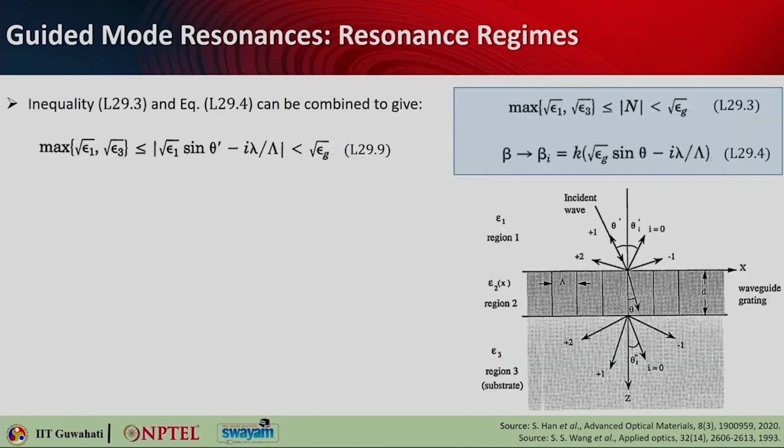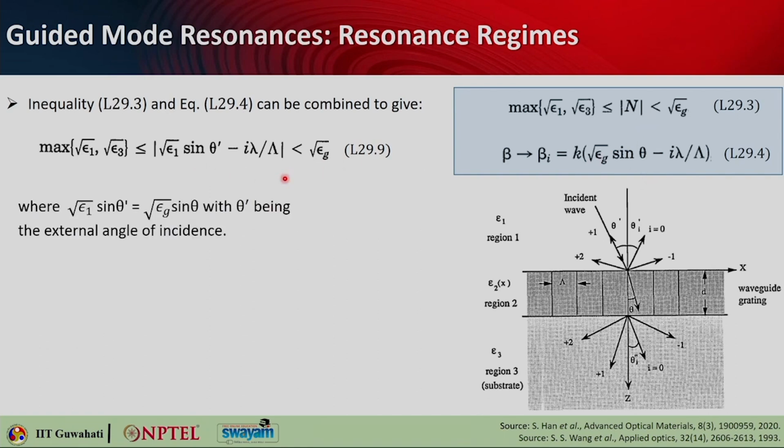And when you combine this inequality of this equation and this one, you will get this particular equation, because you know the relationship beta by k is basically your n. So, you can put this here and you will get this particular expression.